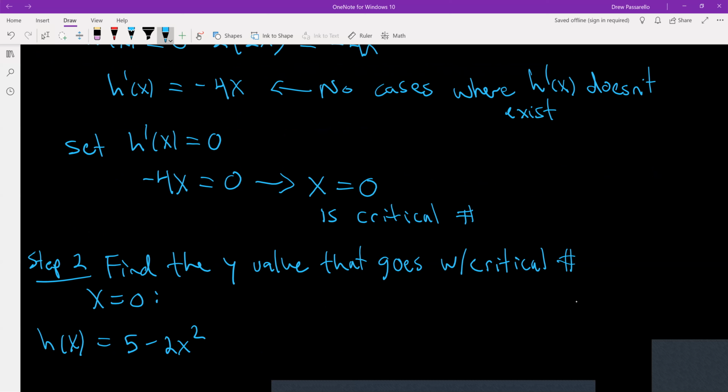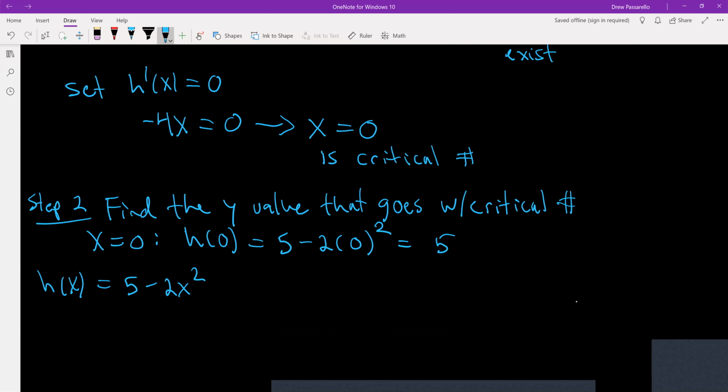That's h of 0 equals 5 minus 2 times 0 squared. 2 times 0 is 0, so it's 5 minus 0, which is 5. That means we have the point 0, 5.